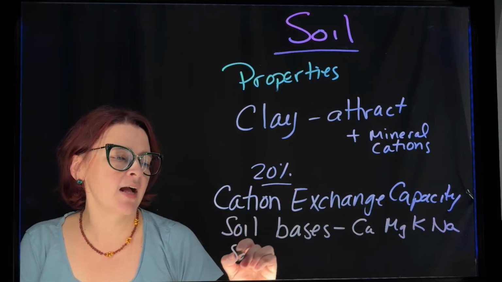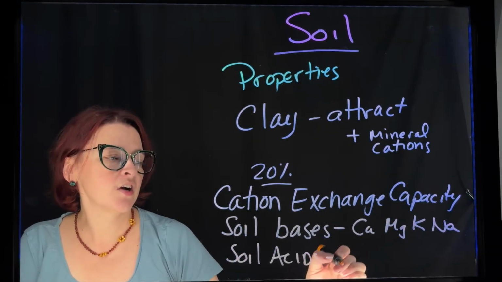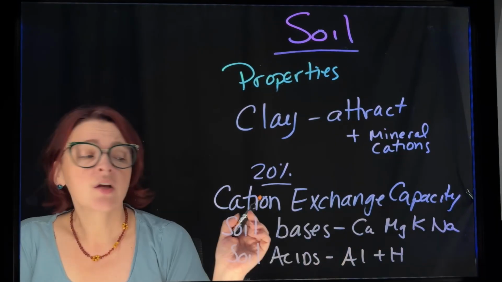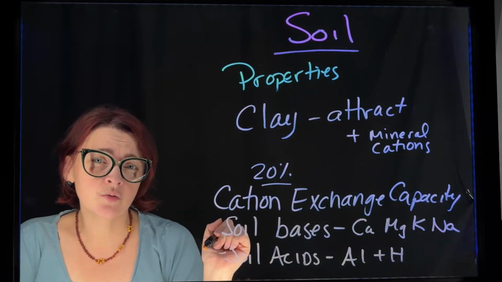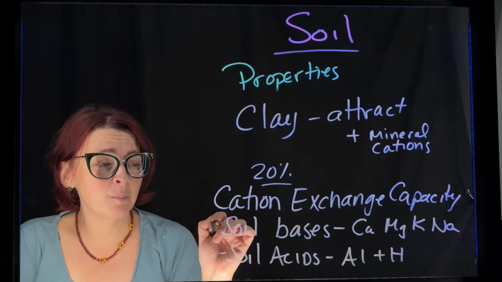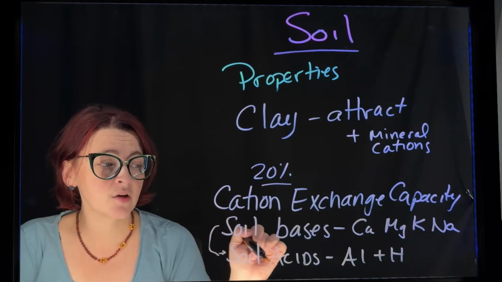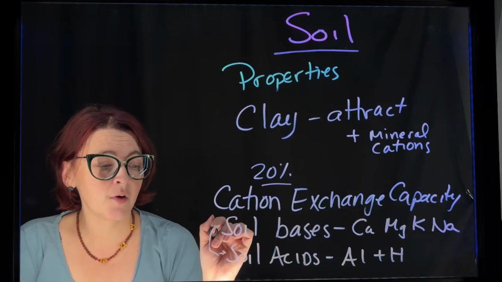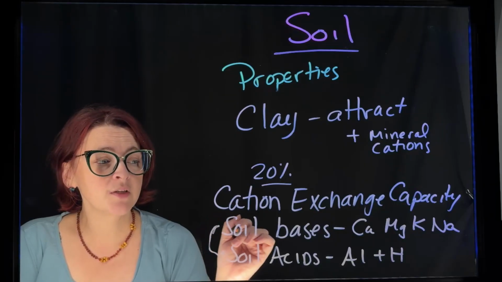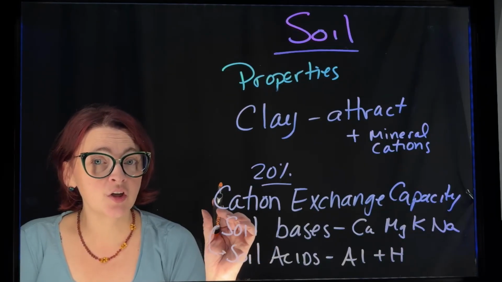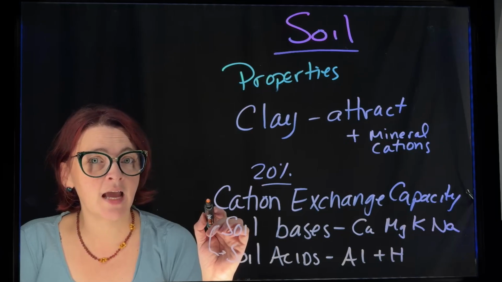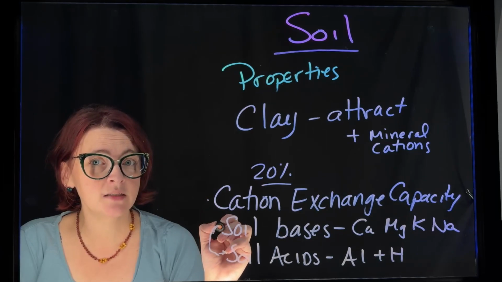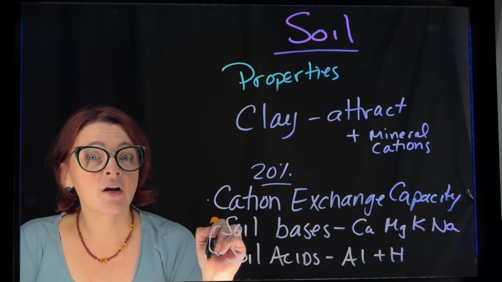And then soil acids, which are aluminum and hydrogen. Soil acids can be detrimental to plant growth. So soil bases can be used to neutralize those soil acids. So soil bases are good for plant growth. So when you have a good balance of the cation exchange and soil bases, it allows for good plant growth.